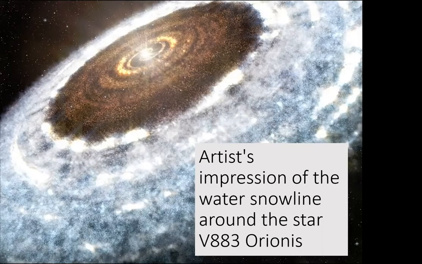This is an artist's impression of a system in the constellation of Orion, V883, where the detection has been made of a young star in its T Tauri stage in the middle here with the protoplanetary disk, but they've caught it at the point where the heat coming from the star has blown away all of the volatile materials, particularly the water, H2O, out beyond the snow line.